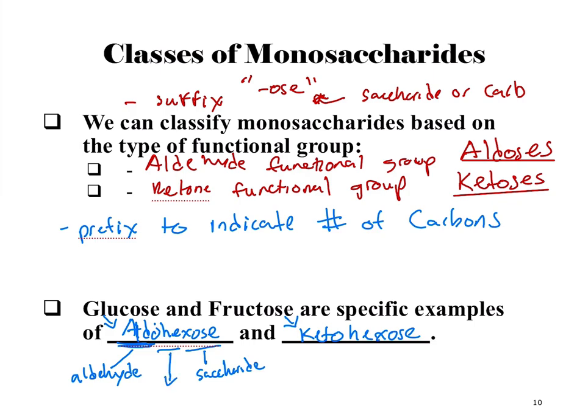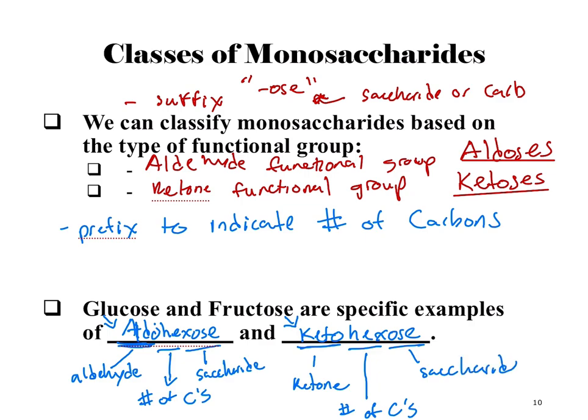This is going to be the number of carbons, right? Keto for fructose tells us it's a ketone. Hex tells us number of carbons. And then os tells us that it is a saccharide or a carbohydrate.